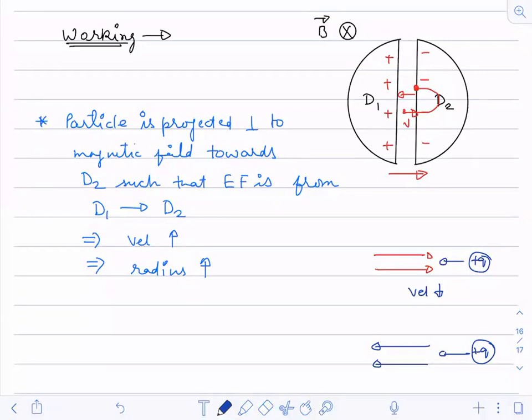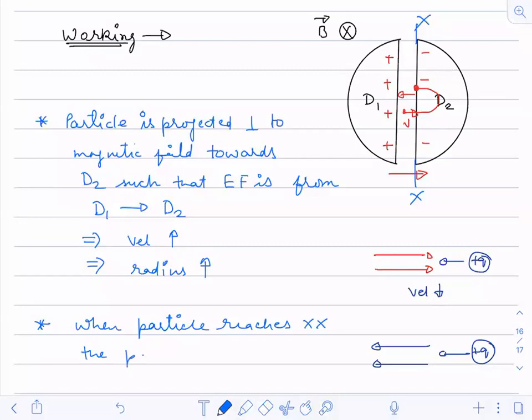So now what will happen? Just see here. When the particle reaches this point, this edge x, what happens?